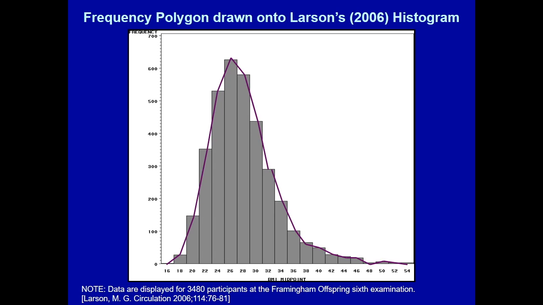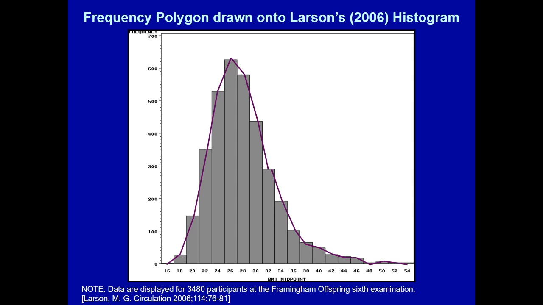Here's the frequency polygon drawn onto the Larson histogram of BMI. So I know it was confusing where the 0 point is of the previous midpoint. That was kind of a hard explanation to conceptualize. But here, the lowest point was in the category of, it looks like 18. So the previous point is at 0 then.